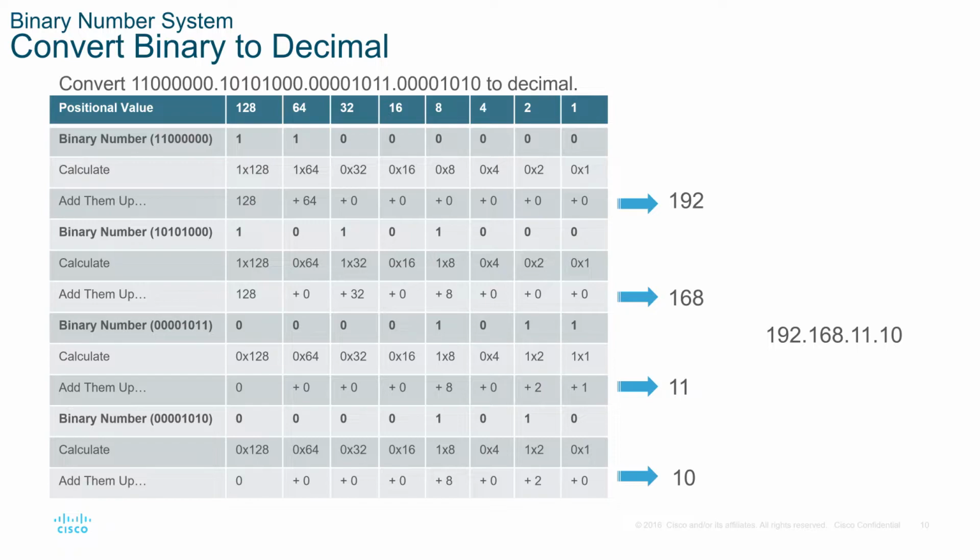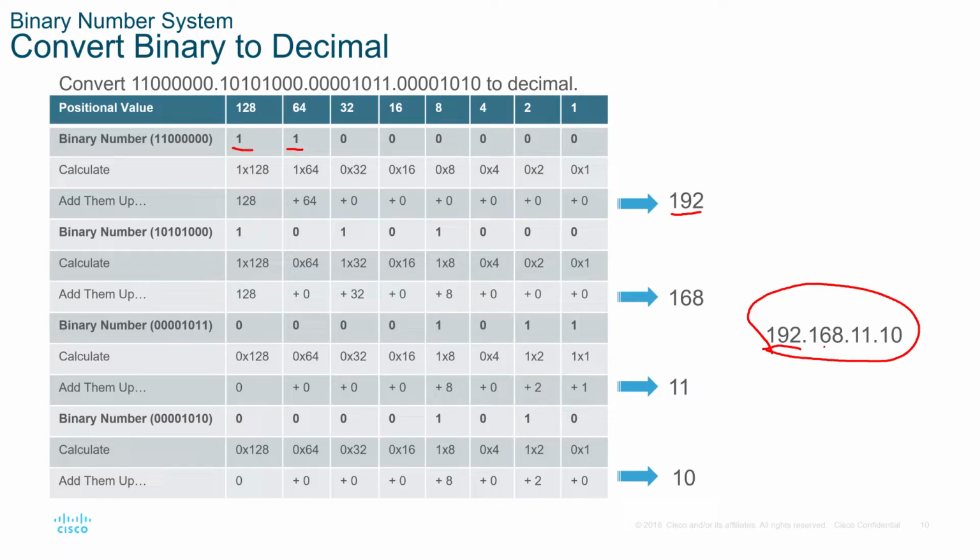Here are some examples going into an IP address. An IP address made up of 4 octets as shown on the right. The first octet being 192, which is 128 and 64 is equal to 192.